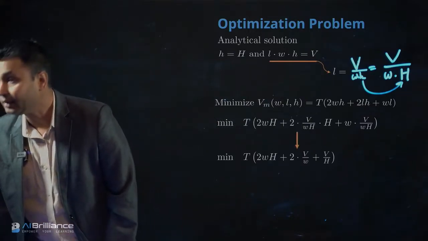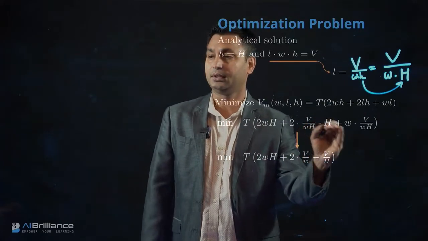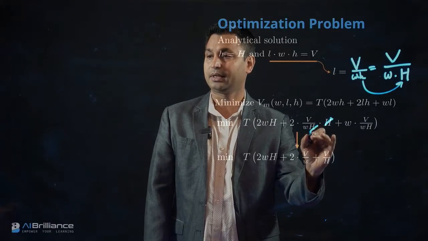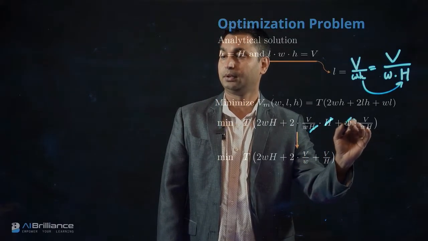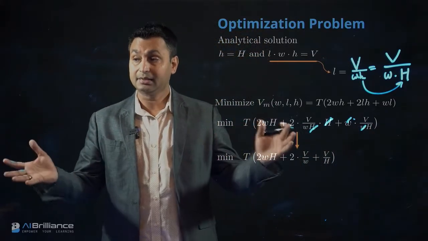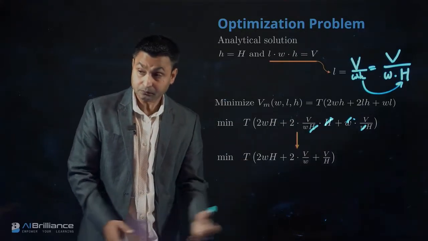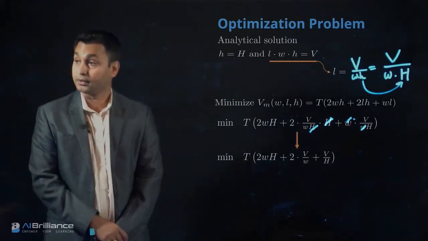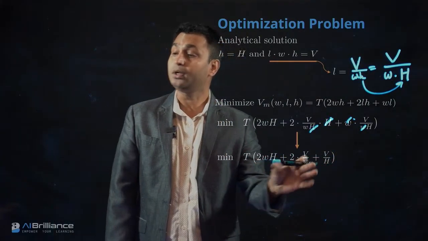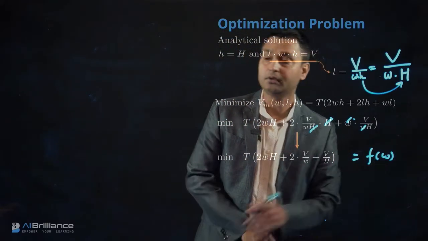Now I can simplify this equation and cancel out terms. For example, you can see that H here and H in the denominator will cancel out. Similarly, the W here and this here will cancel out. From there you will get this simplified equation. If you look at this equation, you should see that it is only a function of W. W is the only variable that is there.